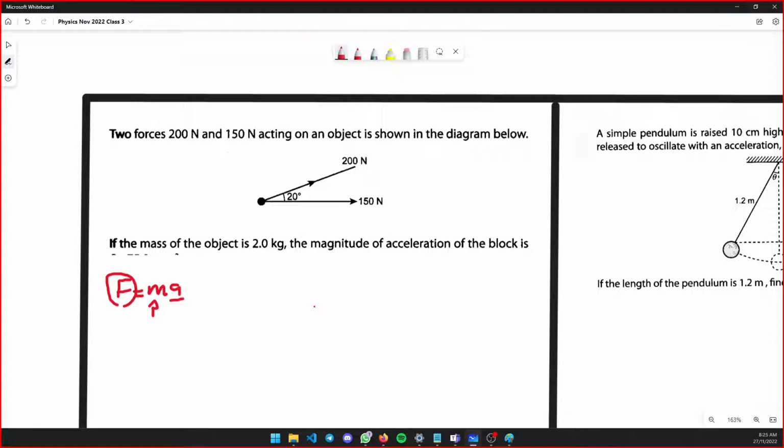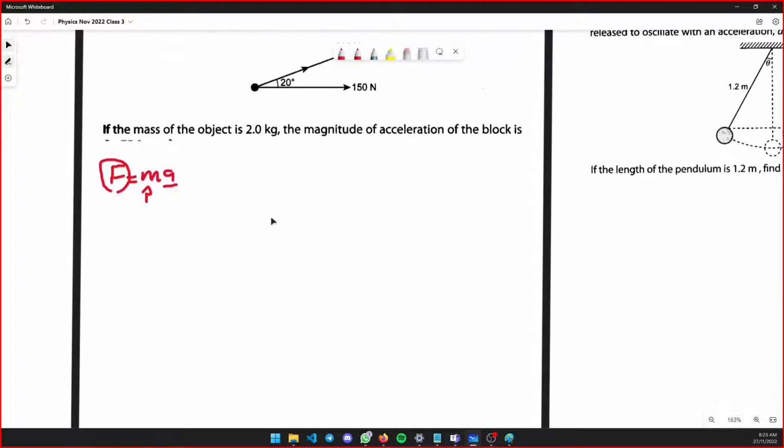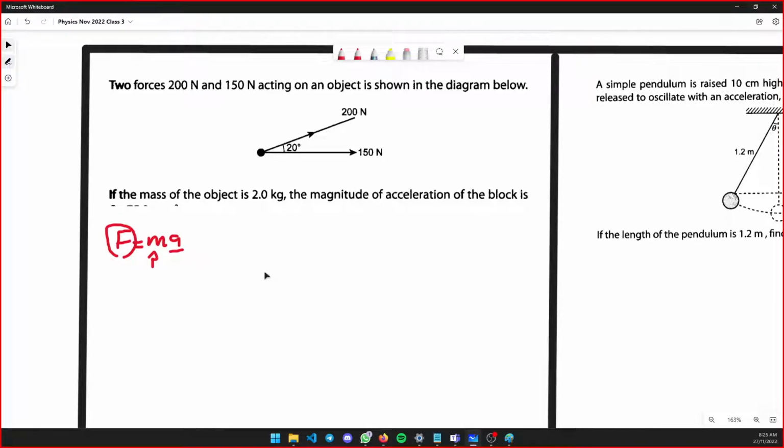Anyone want to give a try? Since we have constant mass, we have change in velocity. I think doing that might be a bad idea because the thing they asked for is the magnitude of acceleration.